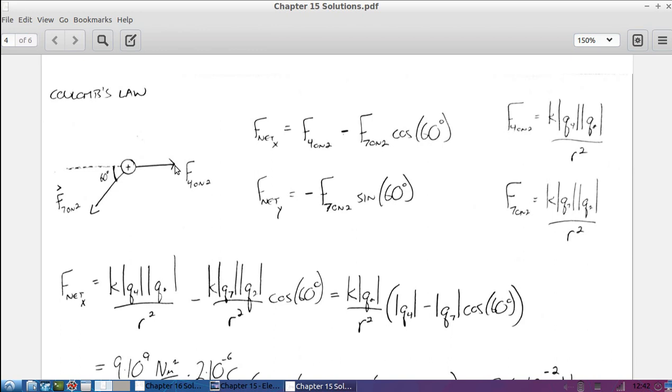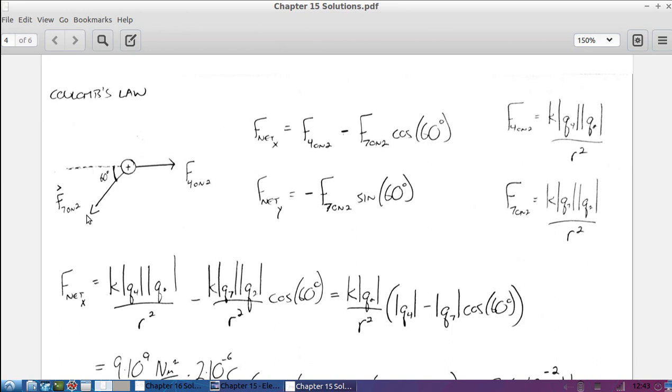So we're going to have to write Newton's second law in the x direction and Newton's second law in the y direction. My net force in the x direction is the force due to the negative 4 microcoulomb charge. That's just in the x direction, so I don't have to resolve that. It's in the positive x direction, so it's positive. And in the negative x direction, you've got the x component of this force.